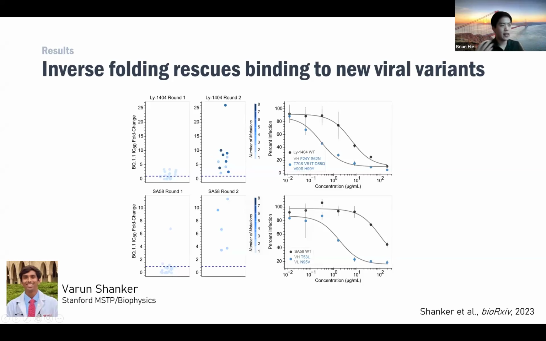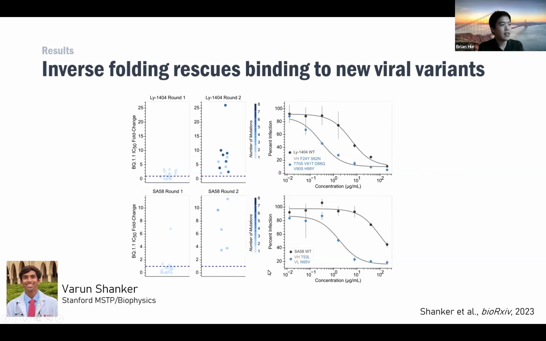It's an antibody that was clinically approved under emergency use for use against COVID, but it had lost efficacy against the Omicron variant. Varun was able to actually restore a lot of that neutralization potency back using inverse folding. And this is neutralization potency against the BQ.1.1 Omicron subvariant.